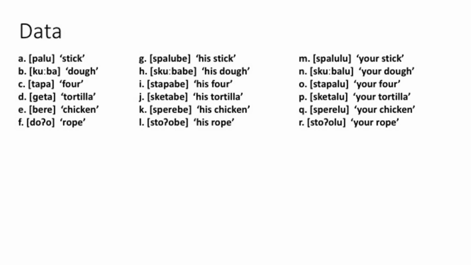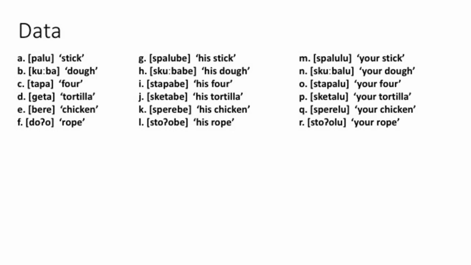So we're looking for the possessive, and we see that the s prefix is on the second and the third column. We see that the be suffix is for his, it indicates his, which is the third person singular.